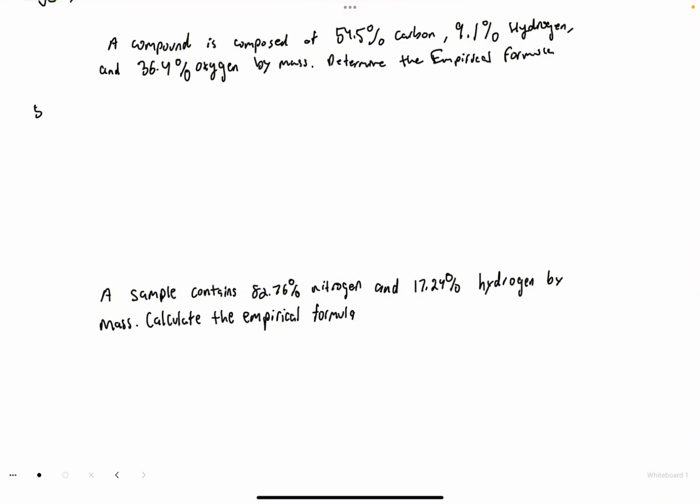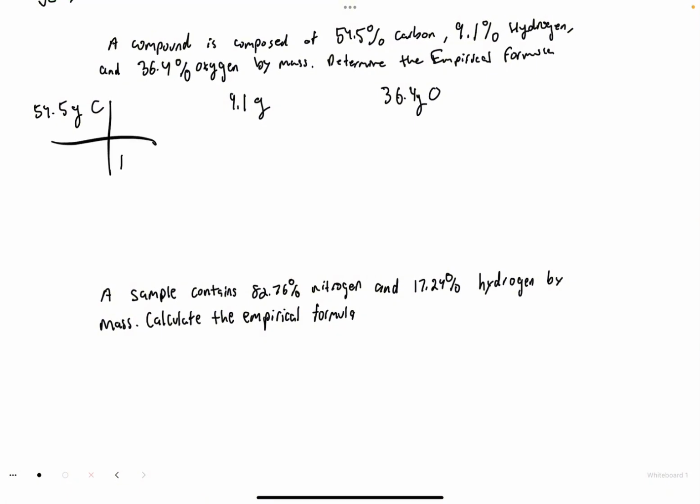So again, we act like these percents don't even matter, and we just get to grams. So let's just do that for all of our different elements. And here, oxygen wouldn't be diatomic because it's grouped with other elements, so don't be confused by that. And don't forget the gram symbol.